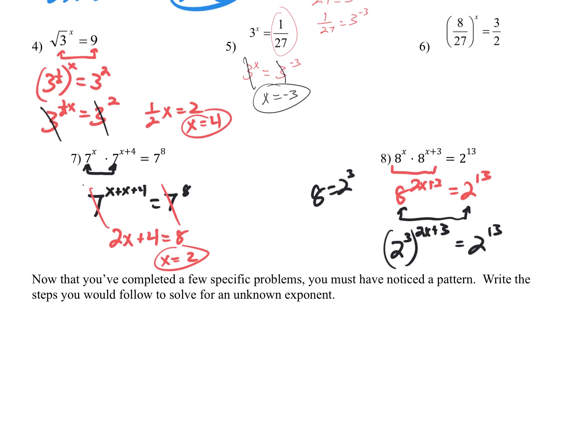Multiply, because you're raising an exponent to an exponent. Now that you have the same base, cross those bases off. 6x plus 9 equals 13. 6x equals 4. x equals 2/3.